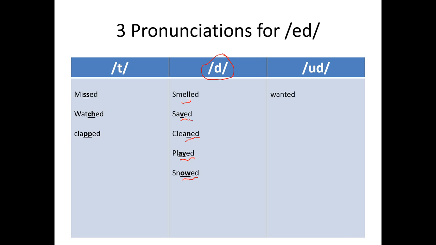One hint for the D sound, if the verb ends in a vowel sound, like play ends in A, or snow ends in O, those are always voiced. Vowel sounds are always voiced, so those verbs will end with the D sound.